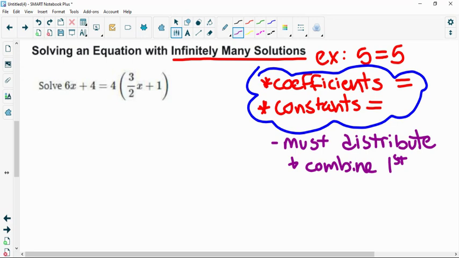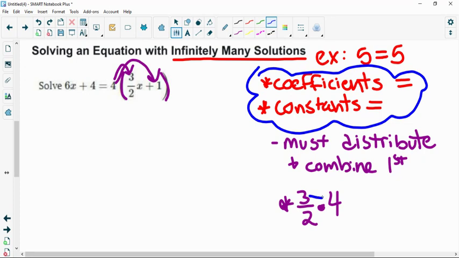If we can just do those two steps, you'll be able to determine how many solutions it has. In this example, I do have parentheses, so we need to go ahead and distribute the 4 and find out what this equation is going to look like. Now, off to the side here, 3 halves times 4. A couple ways you could think about this.